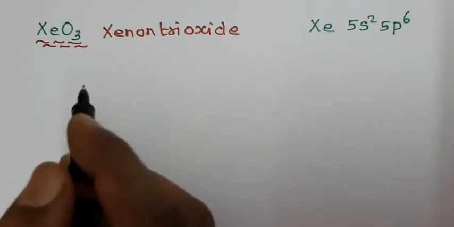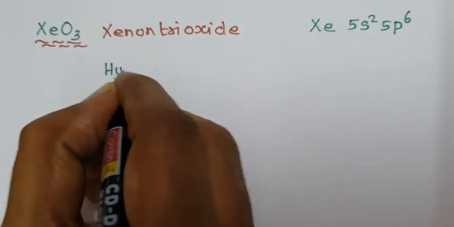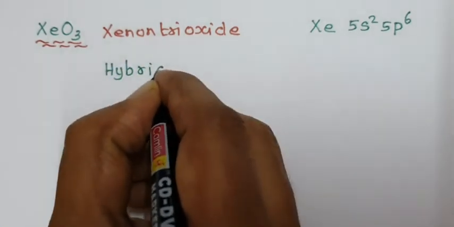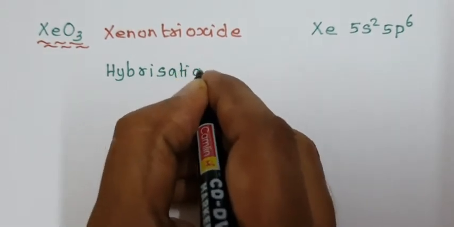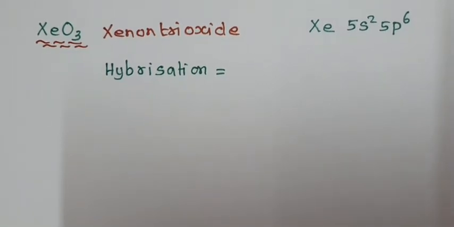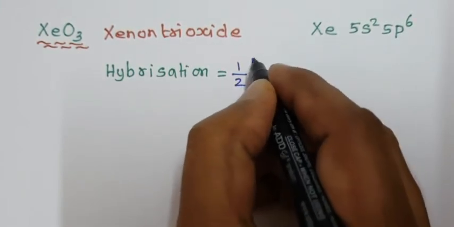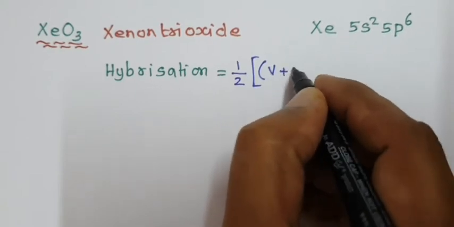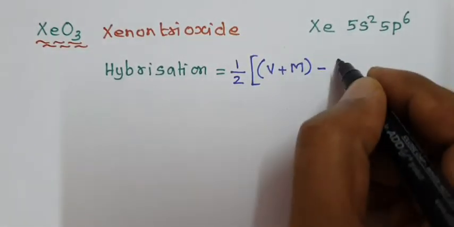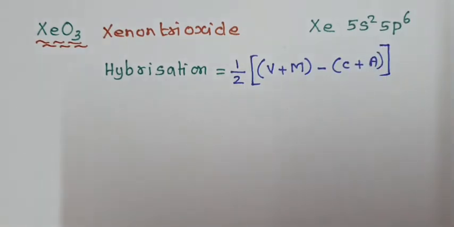Now, I am going to write the formula once again. Hybridization, the intermixing of orbitals of similar energy, is called hybridization. It is equal to 1 by 2 into V plus M minus C plus A. Substitute all the values to get the answer.